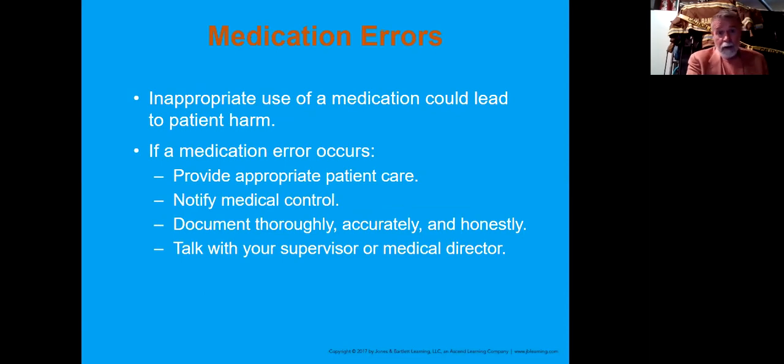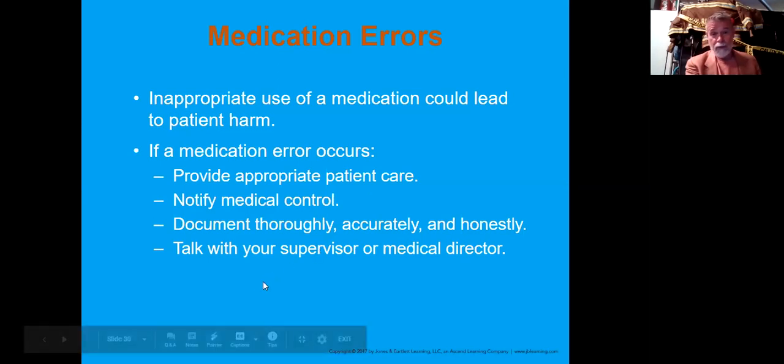Medication errors happen, but what's bad is when you don't own your error, okay? If I gave a patient glucose and they were conscious or warranted and their blood sugar was 90, giving someone a tube of glucose isn't going to kill them. But if I give them something that I shouldn't, which has the potential to really decrease their ability to overcome whatever it is that they're experiencing, we need to document, take care of that patient, but notify your medical control.